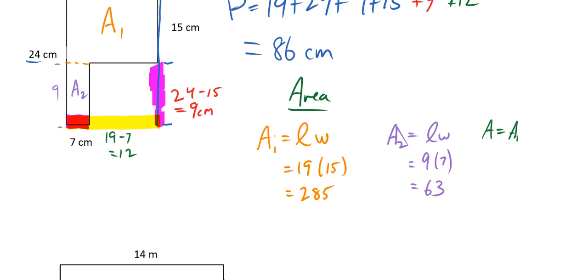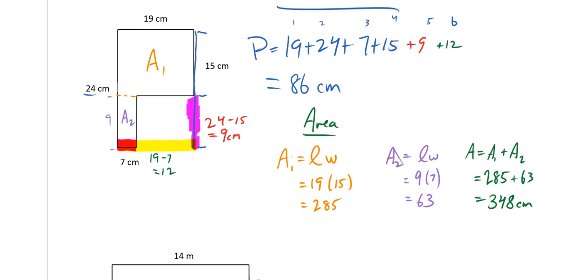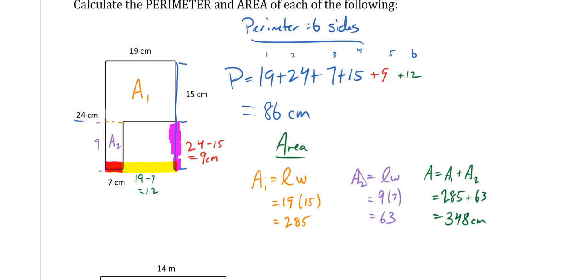So that's area 1 plus area 2. Any questions about that? Remember what I said, when we're finished this, we're going to put our pencil down and we're going to look at how different those are.